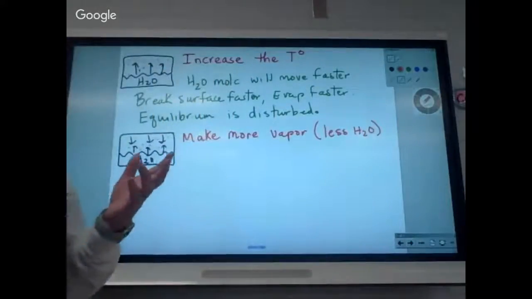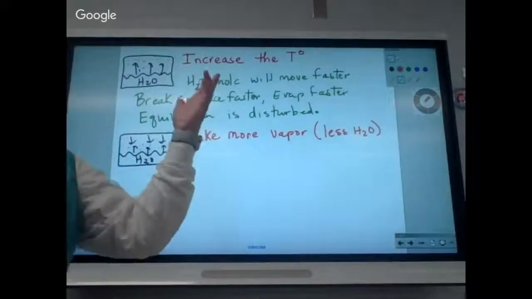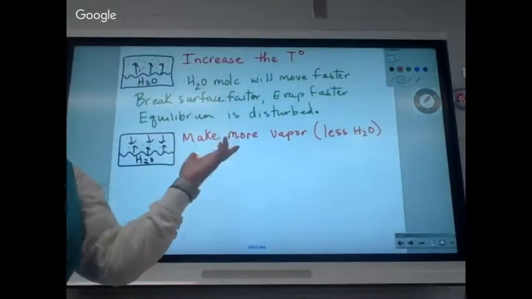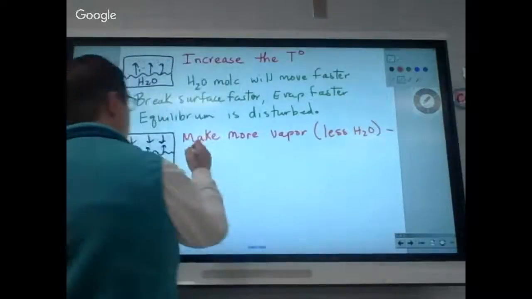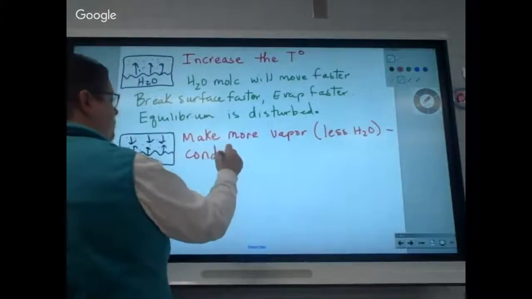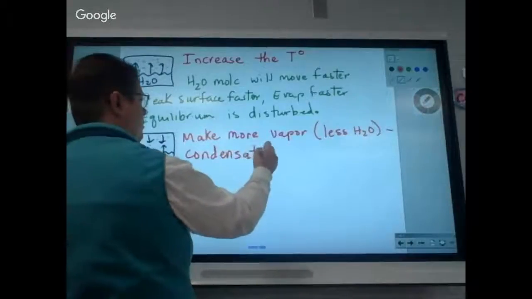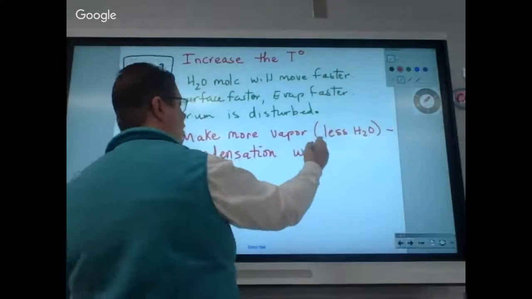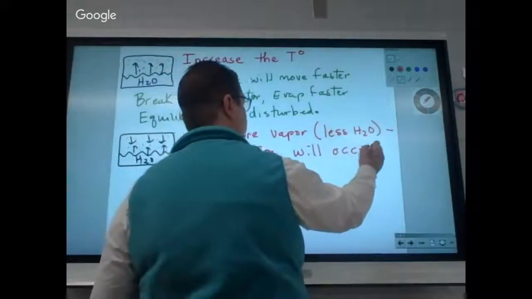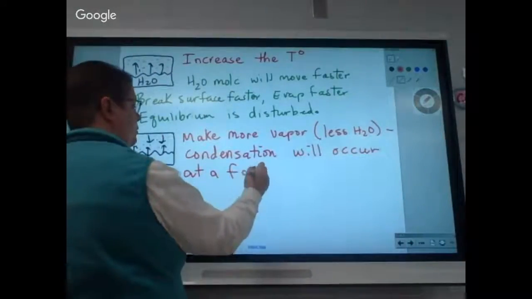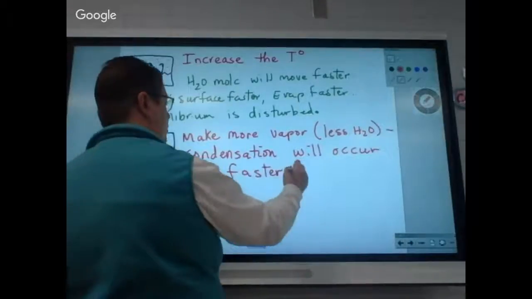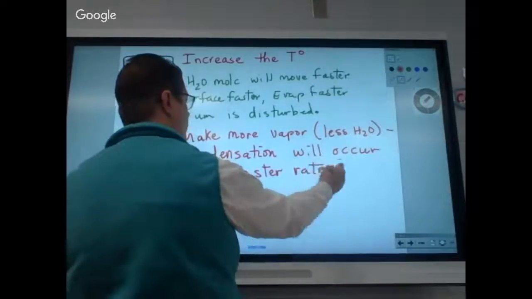Does that make sense? Because it's evaporating, we're getting less water because we're making more vapor. So if we make more vapor, condensation will occur at a faster rate.